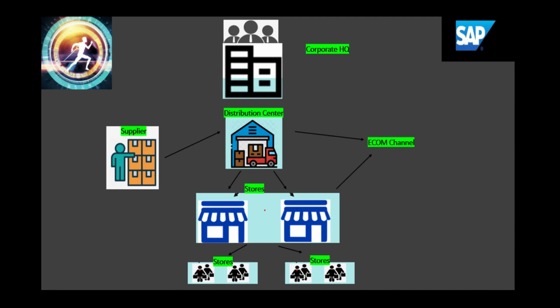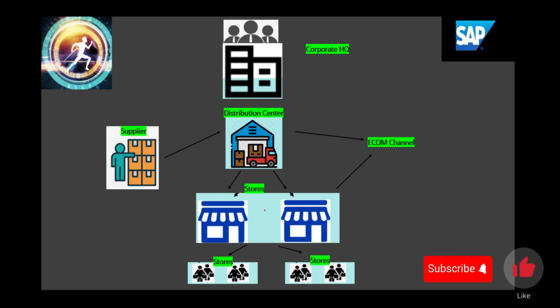Let's try to understand where SAP comes into the picture. For any business to take care of what I said earlier, the right product at the right location at the right price, it's important that all these entities or touch points operate in a very seamless fashion. That's where SAP comes into the picture.